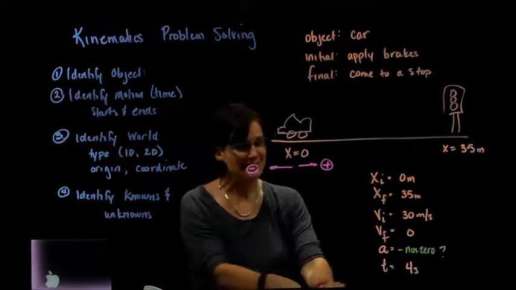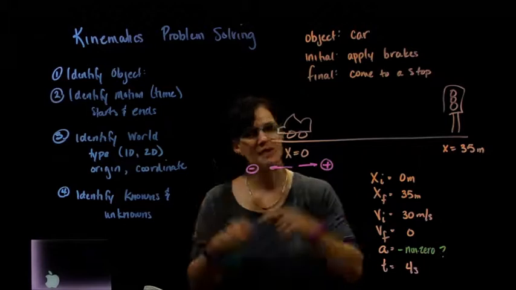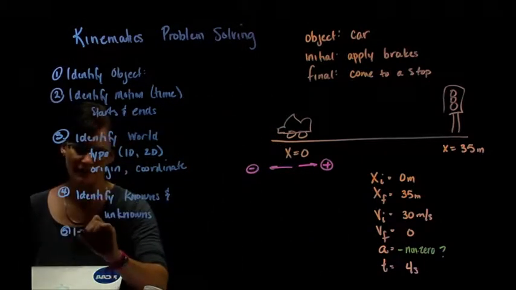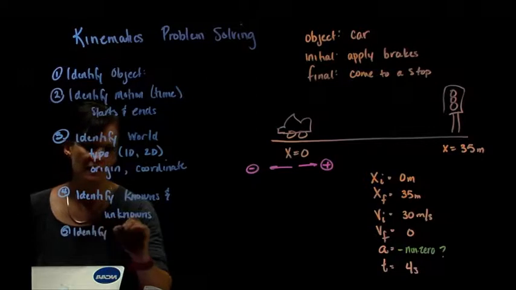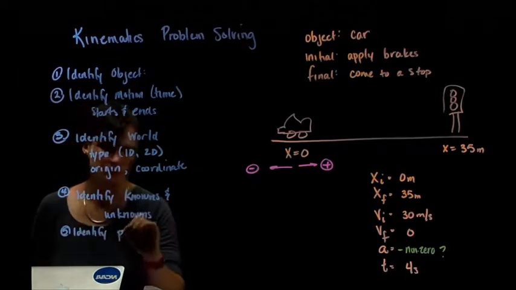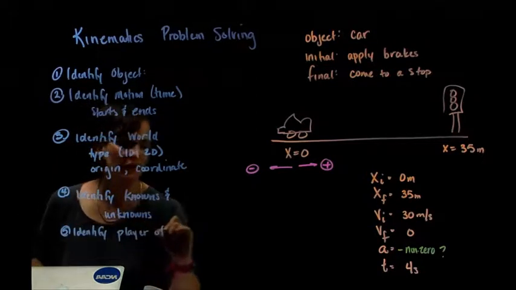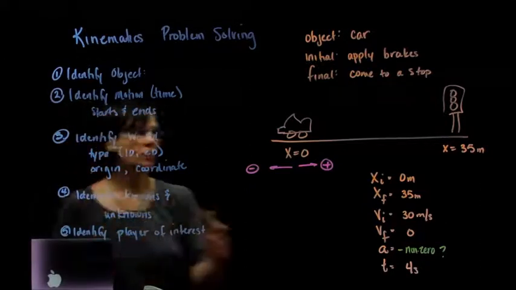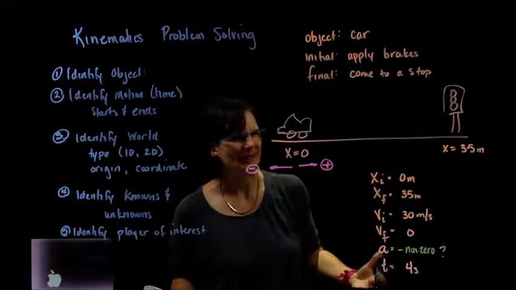So the next step that we can do at this point is we can identify the player of interest. What player is going to answer our question? Well, our question is, what is the acceleration? So this is a pretty easy one to determine.